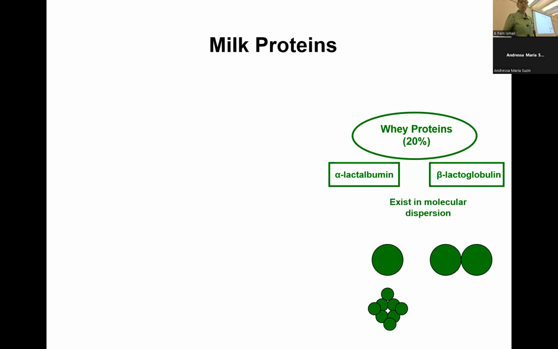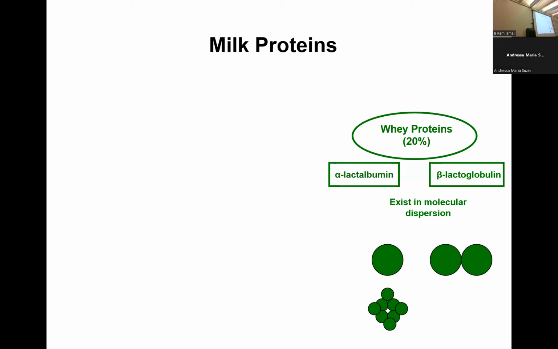Whey proteins. We love whey proteins, don't we? So whey proteins represent, like I said, 20% of the total protein. The functional proteins that we care about are beta-lactoglobulin and alpha-lactalbumin. Beta-lactoglobulin is dominant, about 3 times more than alpha-lactalbumin in concentration.